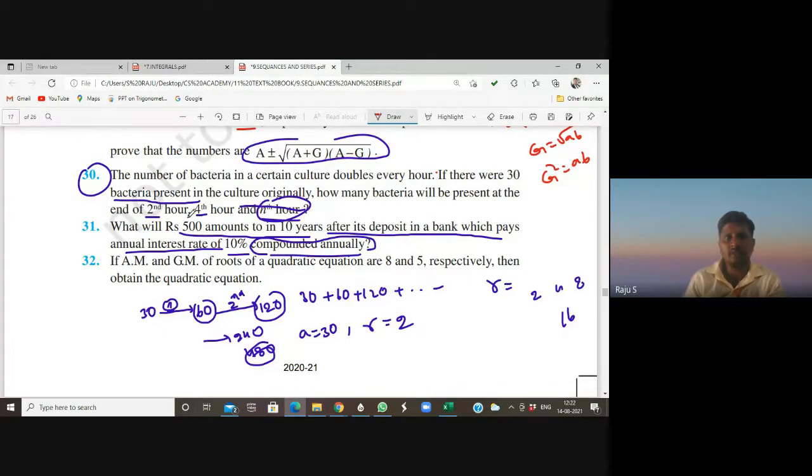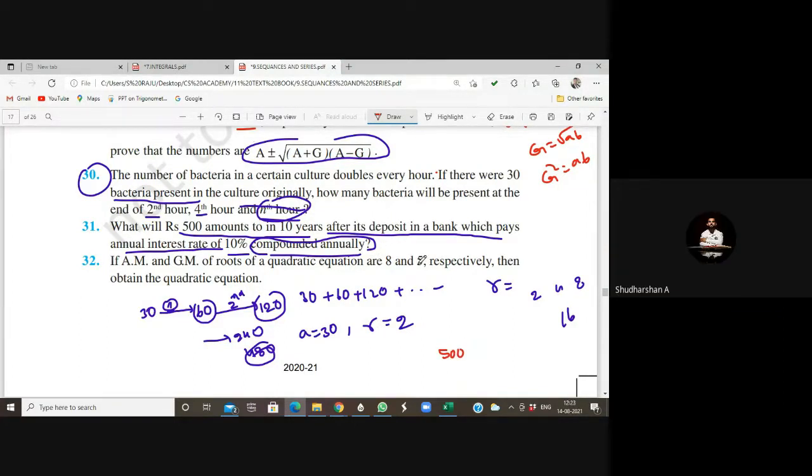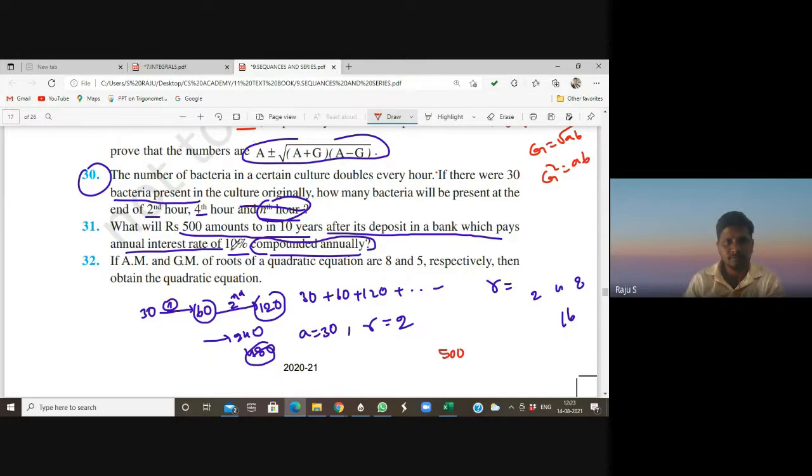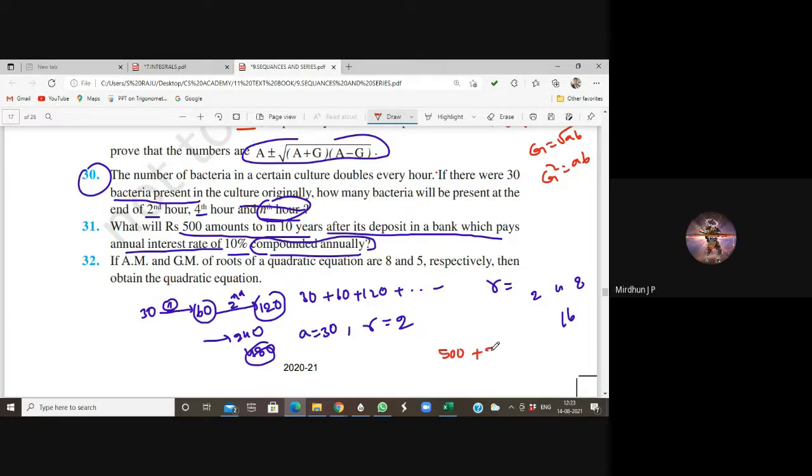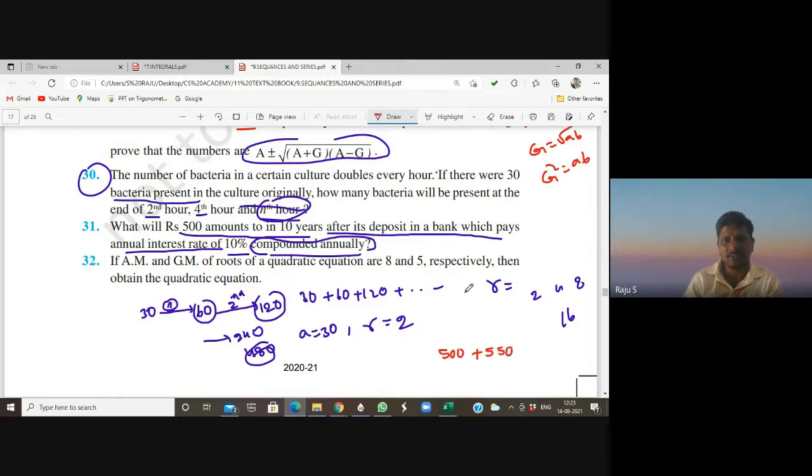So what is the starting amount? 500. Every year, what is the rate of interest? 10%. After 1 year, how much will you get with interest? 550, exactly, because 10% of 500 is 500 into 10 by 100, which is nothing but 50, so 550.